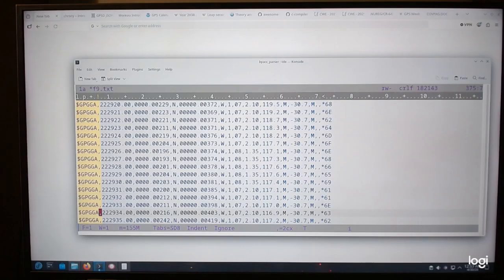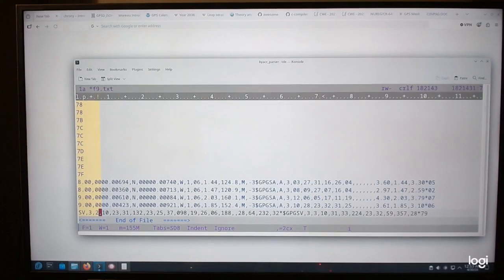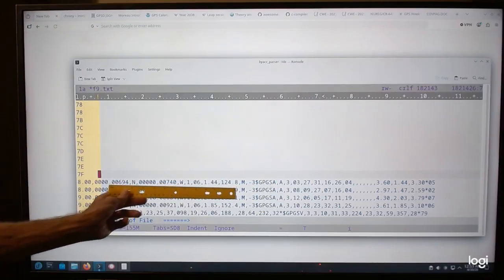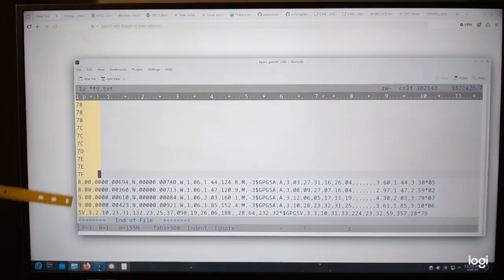But if you look more closely at it, see here's the bottom of the file. There's a partial ID right here. There's two lines mashed together, and it cut off the front of this line.